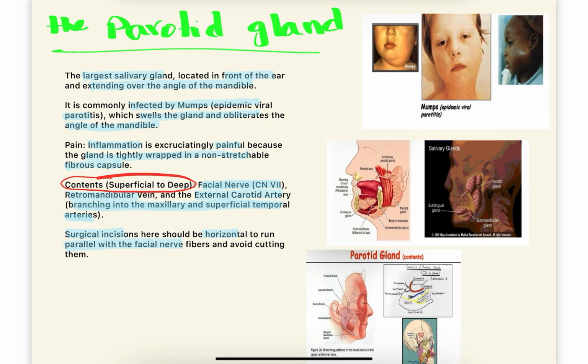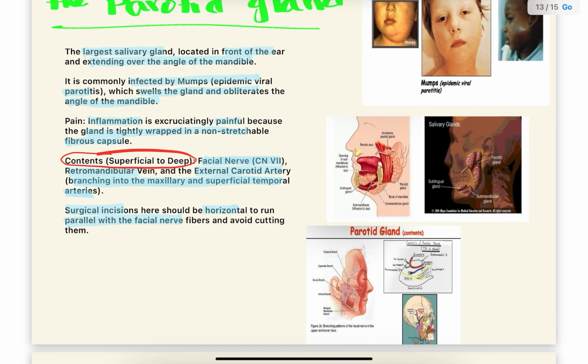Now, if I want to talk about the contents of the parotid gland, I can make it easy and say we need to memorize it from superficial to deep. Okay, so the most superficial one that we can see is the facial nerve or cranial nerve 7. And then I have the retromandibular vein.